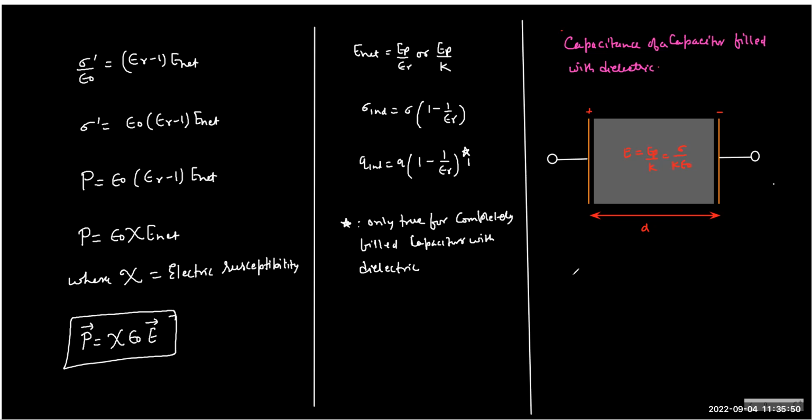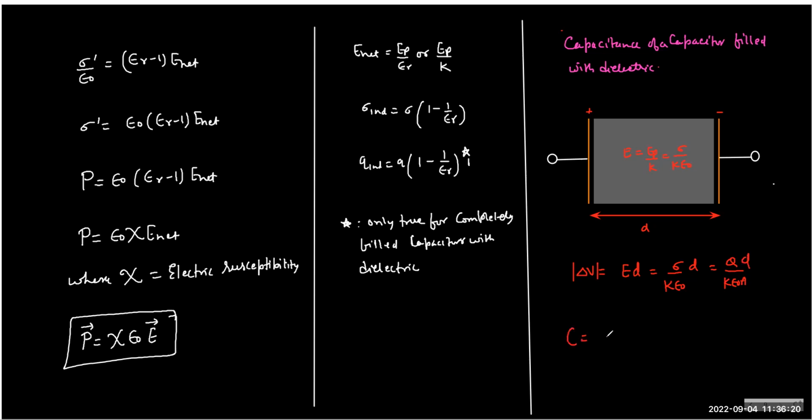So now to find the potential difference, what do we do? What is the potential difference between the plates? Delta V is E times D, right? But what is E? Sigma by K epsilon naught. And sigma we can write as Q by area, right?